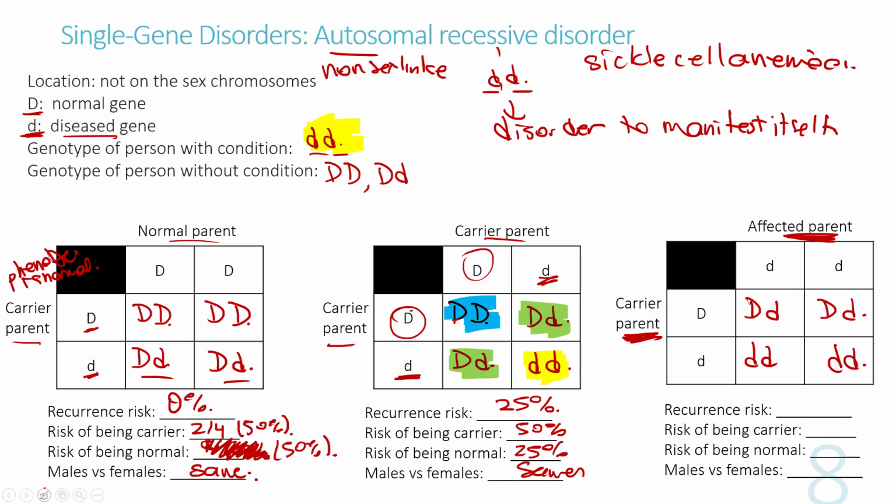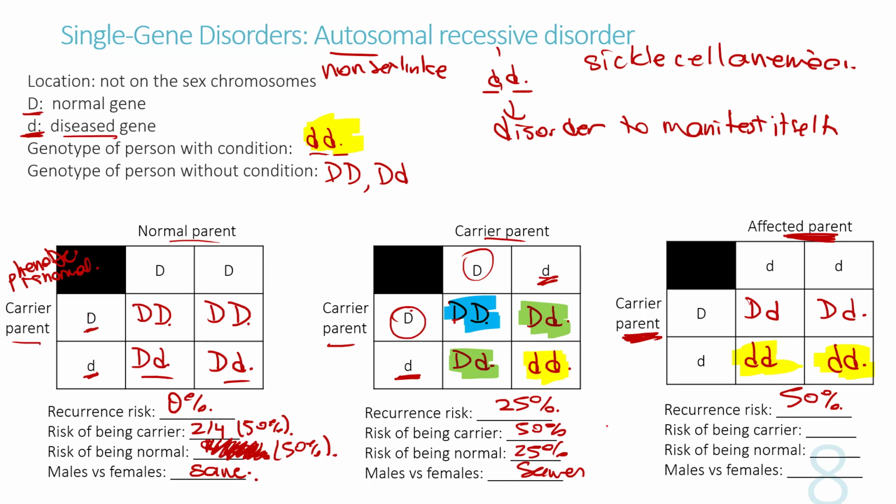So again, if you look over here at whether or not they will have the condition, it's 2 out of 4. So 50% will have the condition with 1 affected parent and 1 carrier parent.